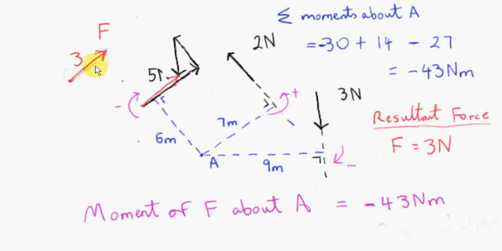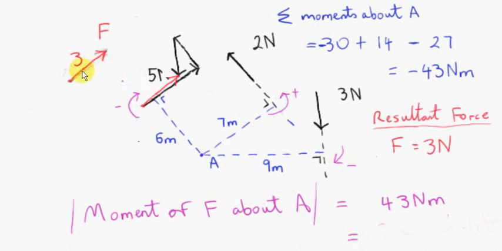Now, how do we find the perpendicular distance of the line of action of F from the point A? Well, we will consider the magnitude of the moment of F about the point A. The magnitude of a vector is a positive quantity, of course. So the magnitude is 43 Newton meters.